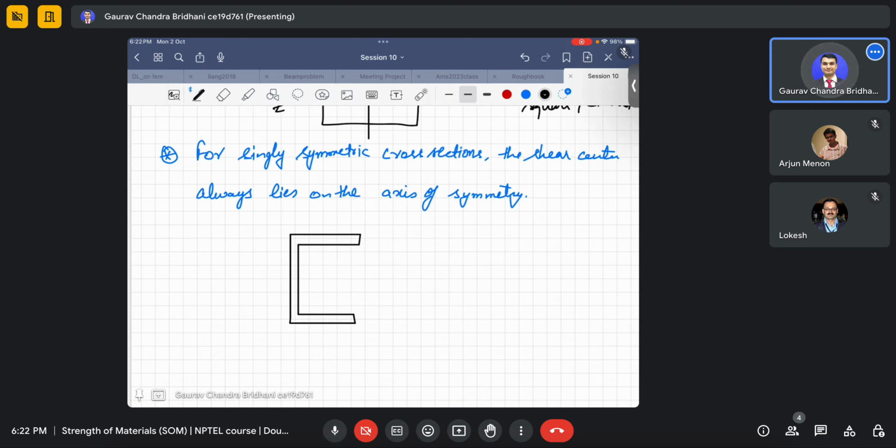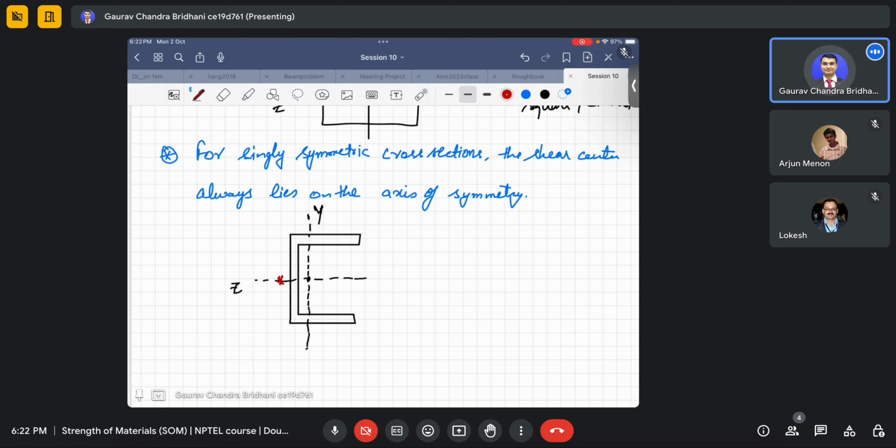So it's a symmetric cross section. You know its centroid lies somewhere here. About this axis, which we call y, the cross section is not symmetric. However, about this axis the cross section is symmetric. So in this case the shear center lies here, because this z axis is the axis of symmetry.